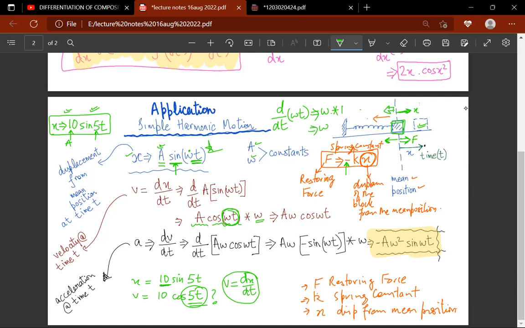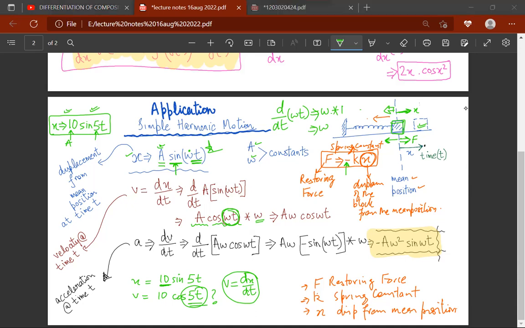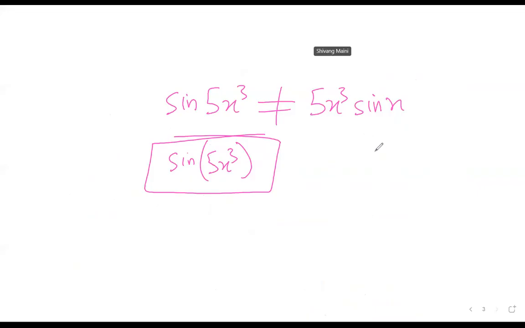Let me try to explain this with this example that if x is equal to 10 sine 5t, then velocity is equal to 10 into cos 5t into 5. Are we clear? Why?